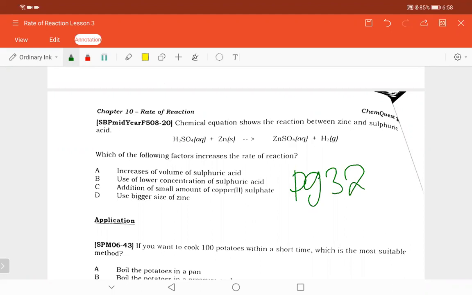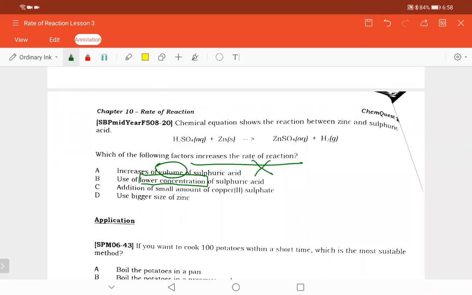The chemical equation shows the reaction between zinc and sulfuric acid. So we are given an equation. Which of the following factors increases the rate? We want to make the reaction faster. A, increase the volume. Volume does not affect the rate. No. B, use a low concentration. Concentration lower, the reaction becomes slow.